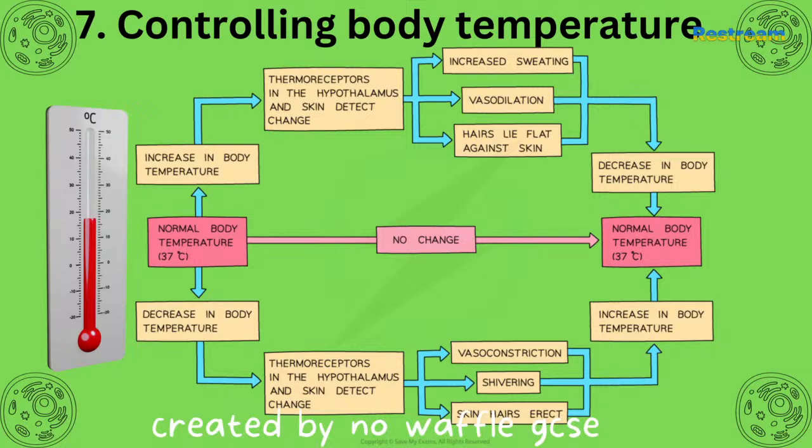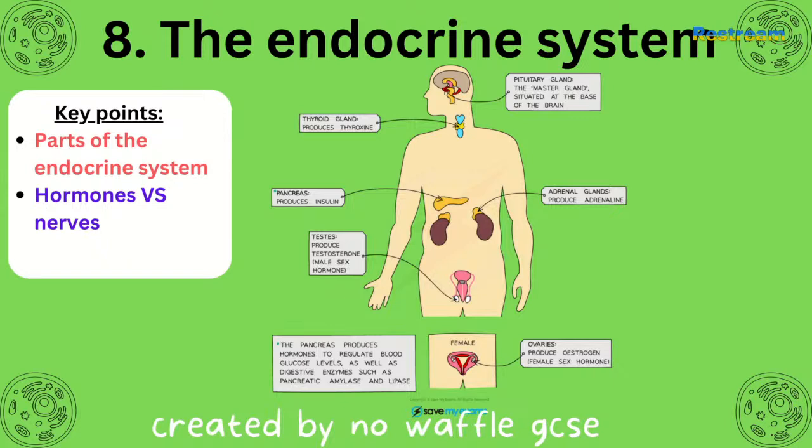Okay, now moving on to the endocrine system. So, hormones. What are hormones used as? Hormones are basically chemical molecules that are released directly into the blood. They are carried in the blood and only affect certain cells.